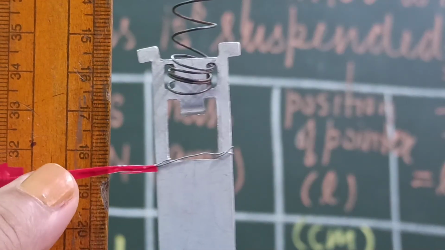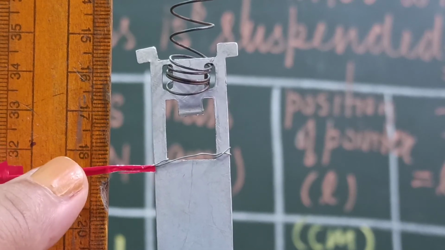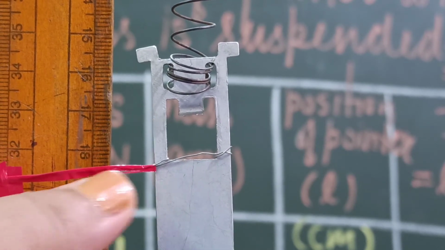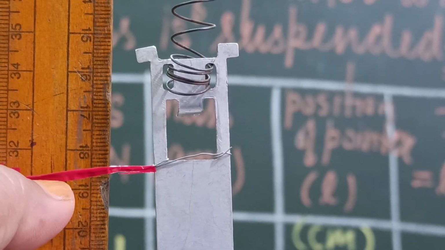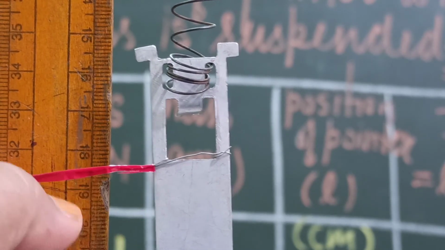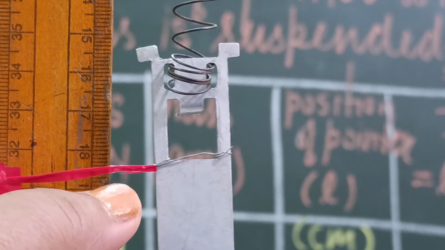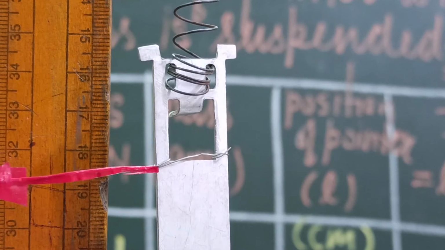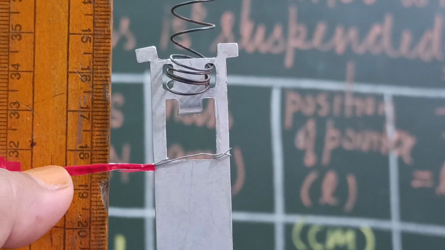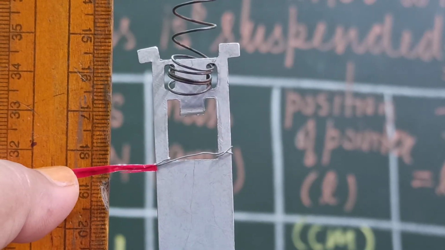Now children, just observe the reading with the 40 gram mass. This pointer is a little tilted, so we have to take care that it should remain the same in all the sets of observations so that we don't have error because of the change of the orientation of the pointer.